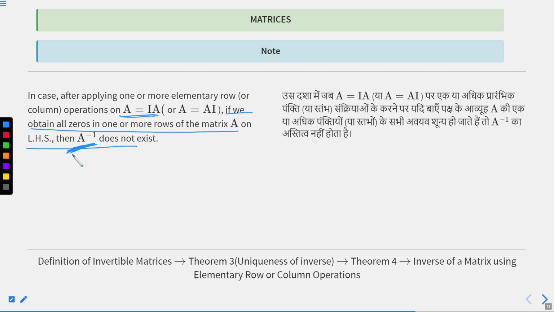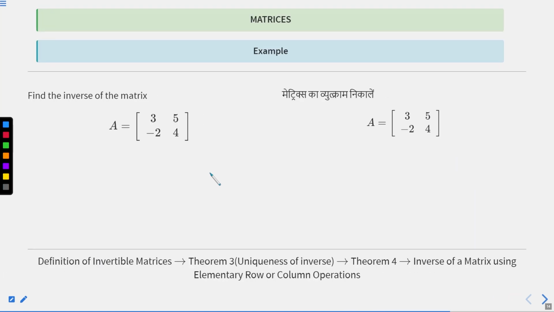If you have to find A inverse by this method, A is equal to IA, and after applying elementary row operations you find that one of the rows becomes zero, that is, every entry in that specific row is zero, then A inverse does not exist. Clear? I hope that it is clear.